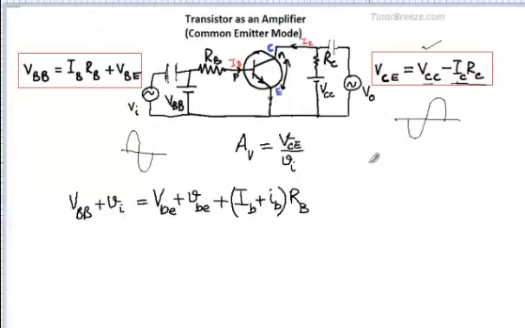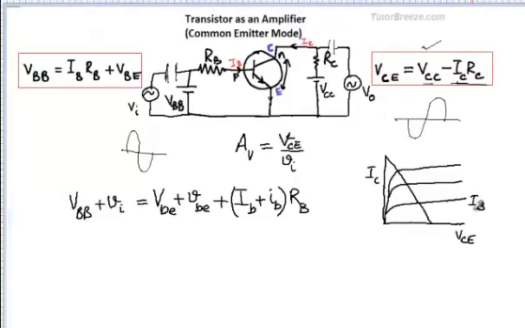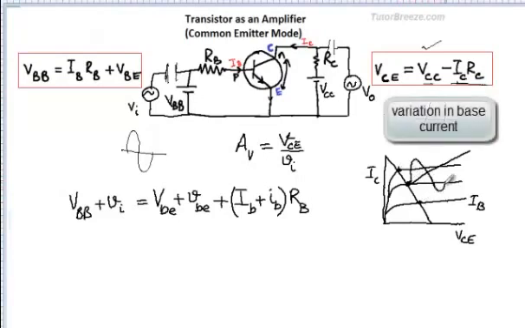You can also understand this if you recall the output characteristics that we had drawn. For increasing values of IB, we had plotted a graph between IC and VCE, and this was the load line, and we took this as the operating point. Now when the input signal is applied, let's say that the base voltage varies between these two points.